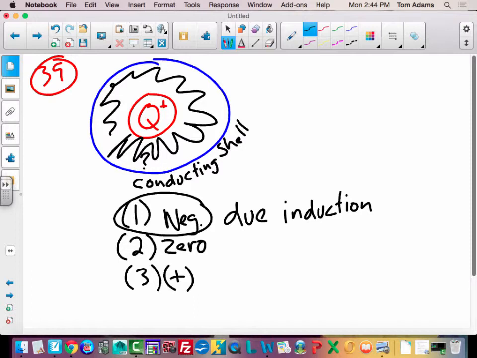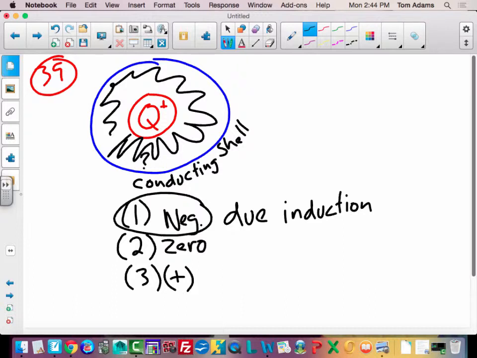What will be after equilibrium is reached? Well, what they're saying is if you put a positive charge, what's going to happen?